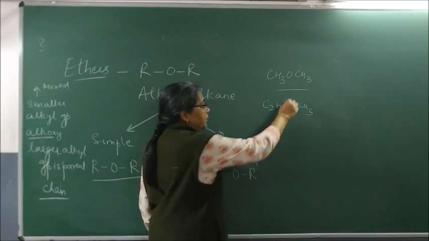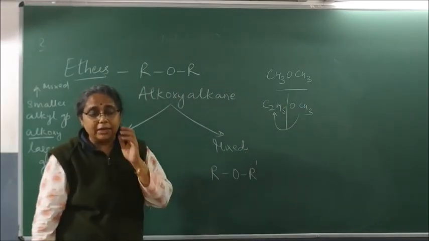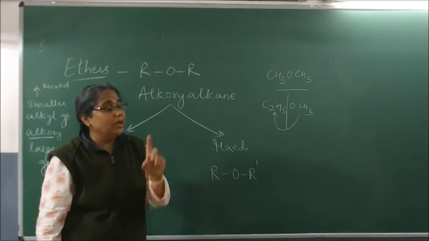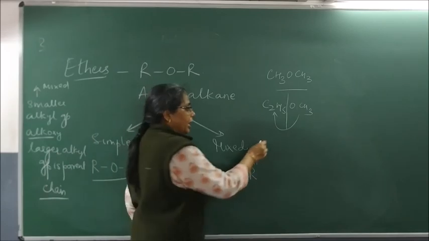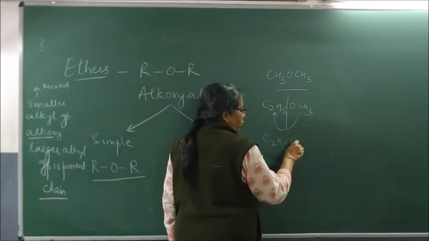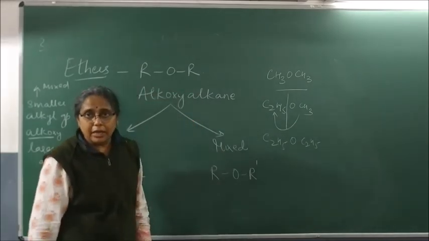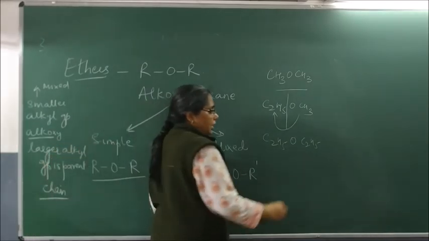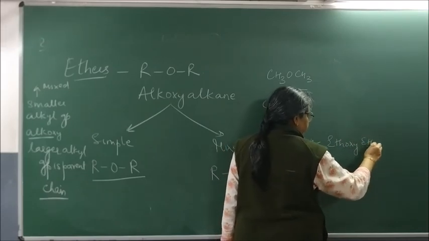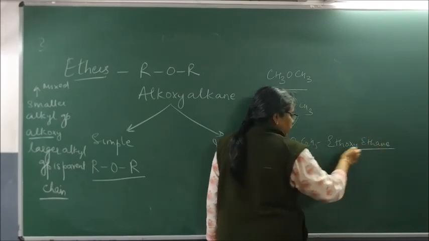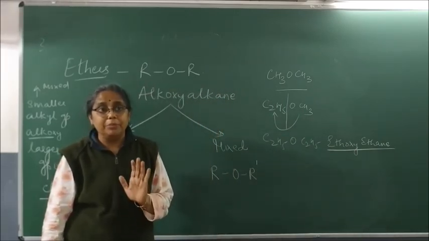The IUPAC name becomes methoxyethane. The smaller alkyl group becomes alkoxy and the larger alkyl group becomes the parent chain. If I have C2H5OC2H5, the common name is diethyl ether. The IUPAC name is ethoxyethane.